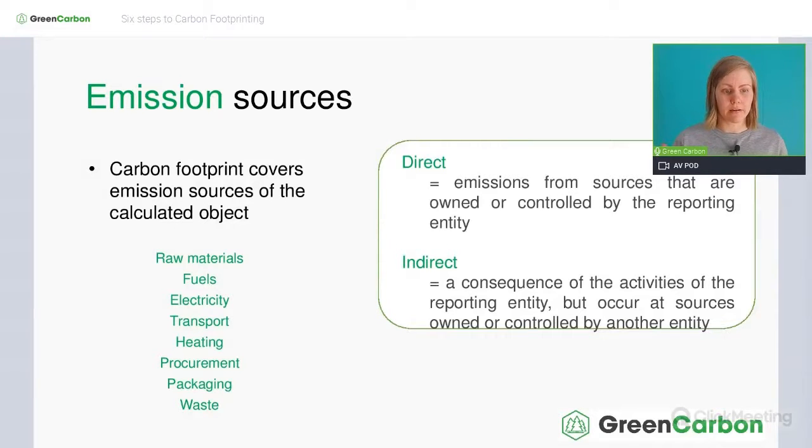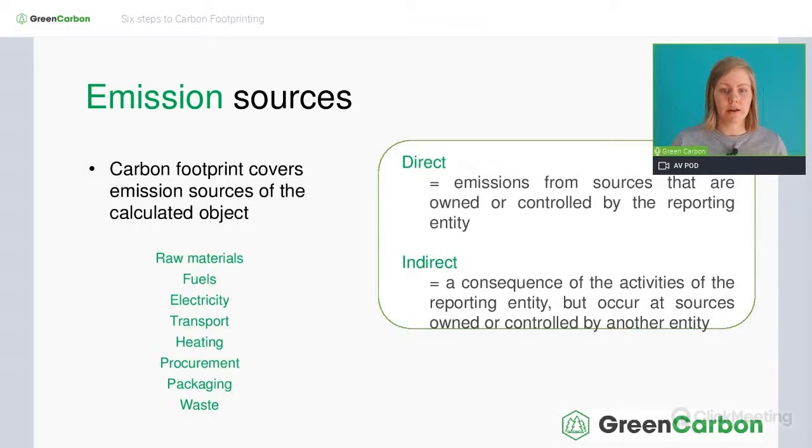There is the production of raw materials, the fuels that the company uses, electricity, transportation, heating, procurement, packaging materials, or waste management. And all these things cause greenhouse gas emissions that are included in the carbon footprint.